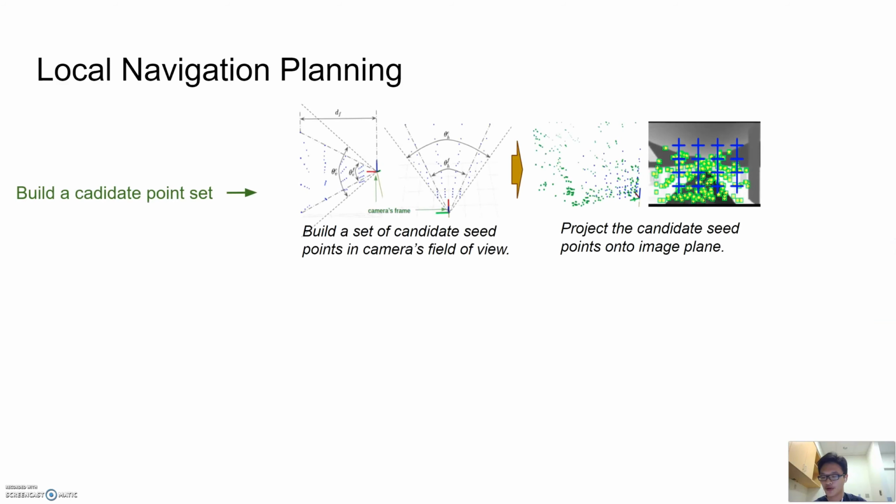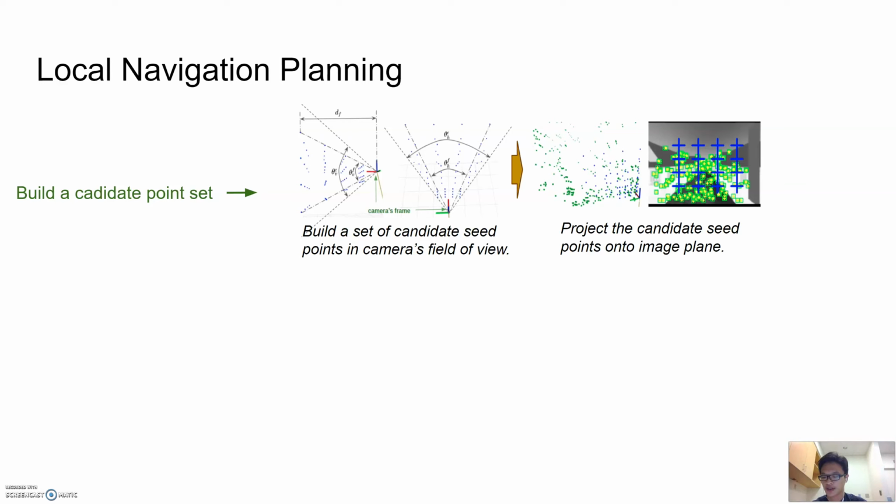To navigate the robot in the constructed navigable space, we adopt a receding horizon planning scheme which consists of a local planning horizon and a short execution horizon. We build a discrete set of candidate navigation points in the camera's field of view. The projections of those candidate points on the image plane are marked as blue crossings in the rightmost picture.